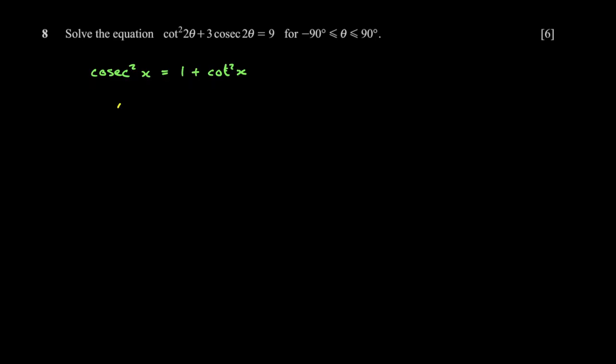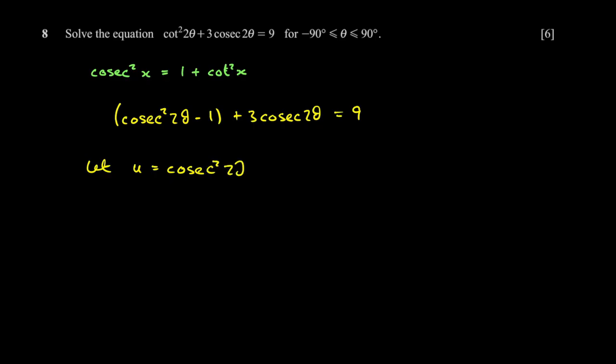I'm going to say here we've got cosec squared of 2 theta minus 1 plus 3 cosec 2 theta is equal to 9. And this is going to be a quadratic, and I think the way to make that clear is to use a substitution. Let u equal cosec 2 theta. So we're going to get u squared minus 1 plus 3u is equal to 9.